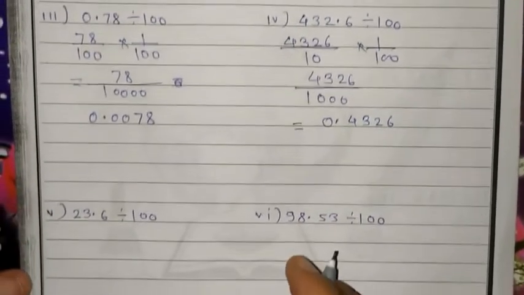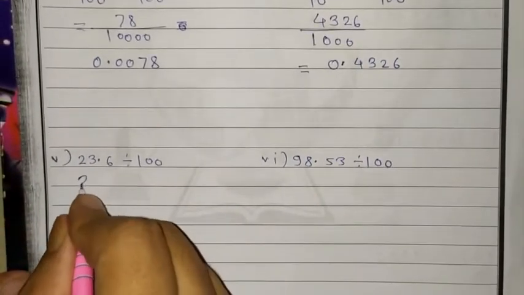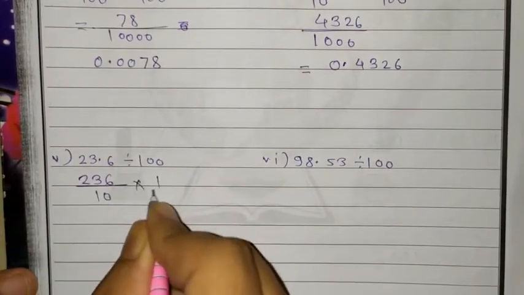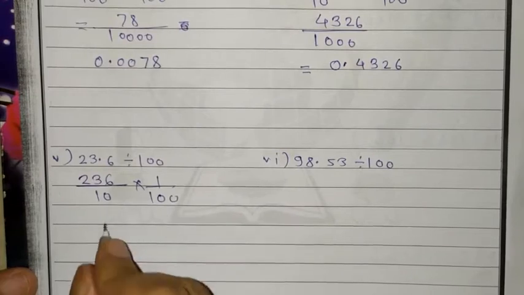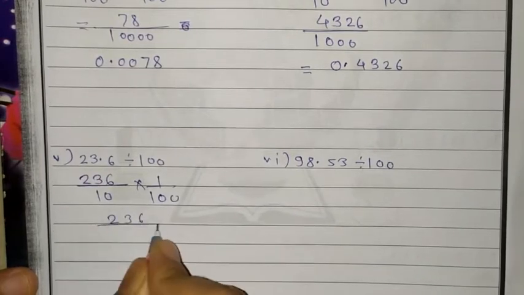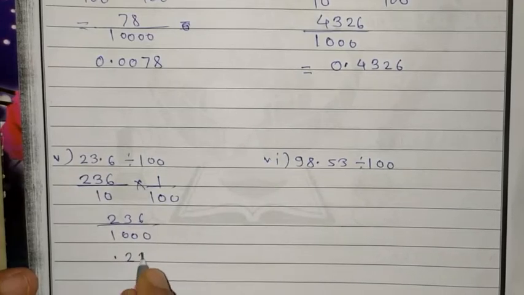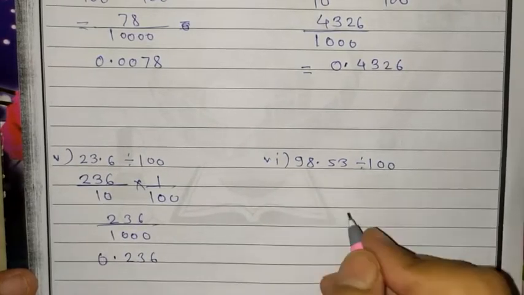So now for the next question, write the number first, divided by 10 into 1 upon 100. 236 upon 1000. It means the answer is 0.236.